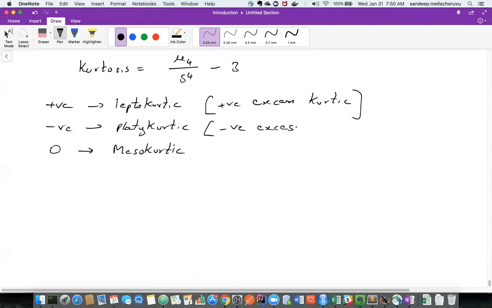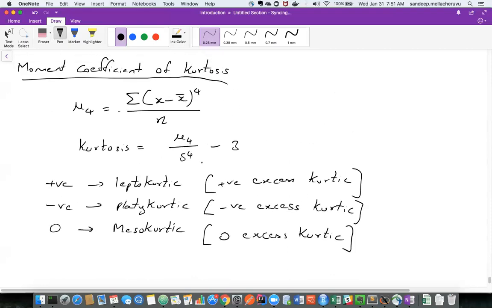Both are same. It's just the name. And 0 is called zero excess kurtosis. This is just terminology. Don't worry about the names. Names are only for your convention, right? Is that fine? Yes, Sandeep, because we are removing this 3, that's why I'm calling it positive excess kurtosis, negative excess kurtosis, and zero excess kurtosis.